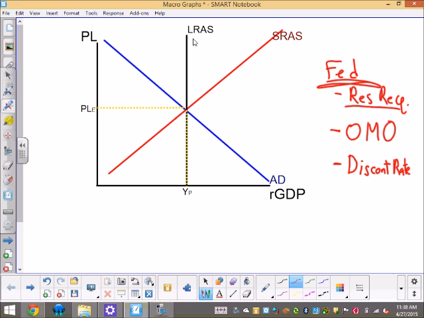So as the bank goes ahead and gets a loan, they can go to the Fed. And if the Fed's offering an interest rate on that loan at 6%, what would other banks likely do? Give a lower interest rate, because they need to undercut the Fed. Because if they can't undercut the Fed, where would you get your loan from? The Fed. So the other banks will undercut that rate.